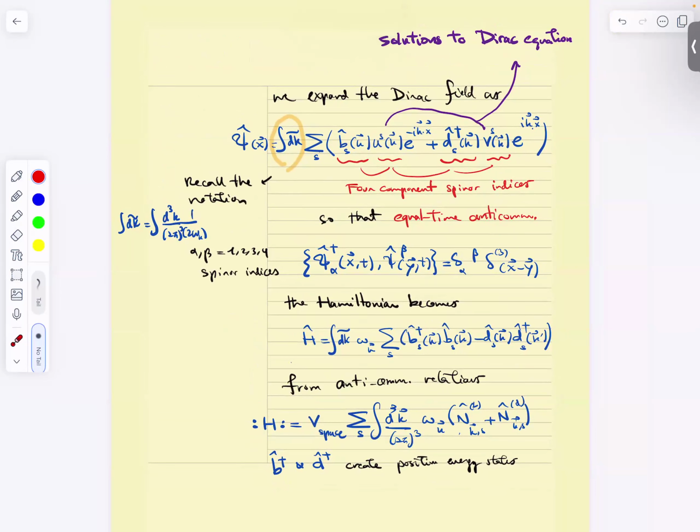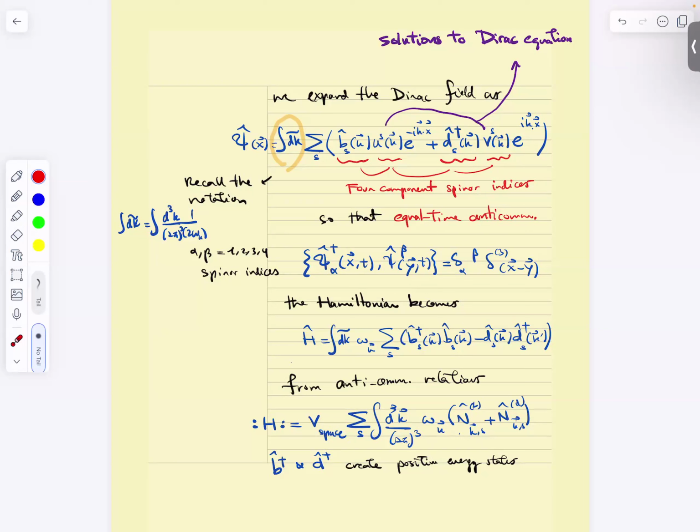I already told you something that maybe you didn't realize you were doing in the scalar field. If you want to quantize a theory with a particular classical equation of motion, and if the classical equations of motion are linear, that's very crucial, what you do is you first look at the solutions to the classical equation of motion.